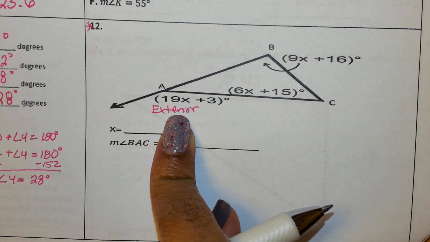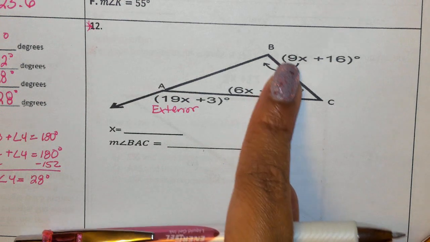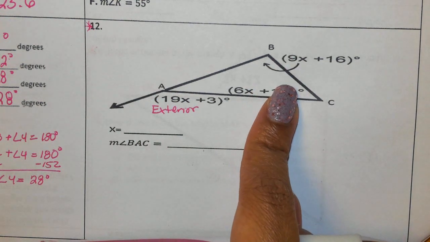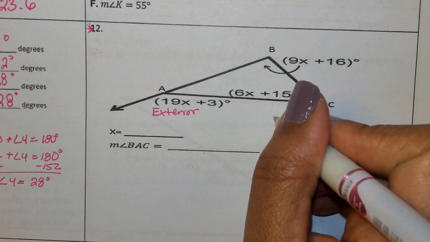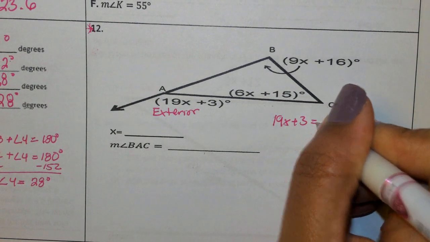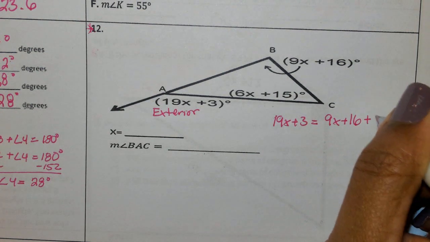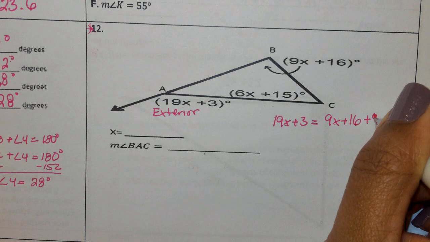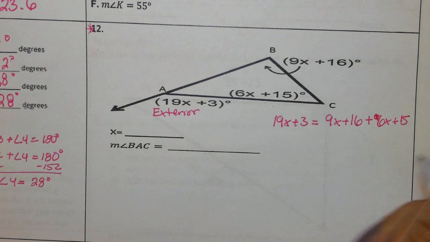And that is the notes that you're going to use for this. So remember, we talked about this before, this exterior angle being equal to the furthest remote two angles inside of the triangle. Okay, so when we do that, it is written as 19x plus 3 equal to 9x plus 16 plus 6x plus 15.